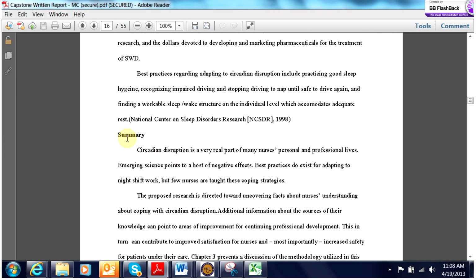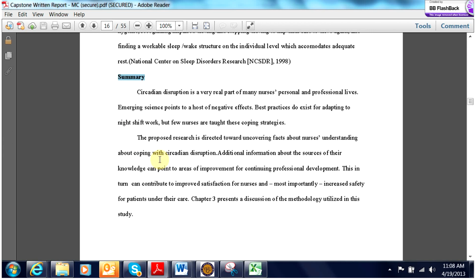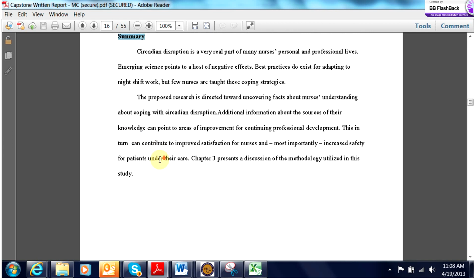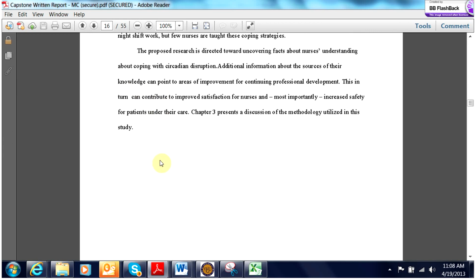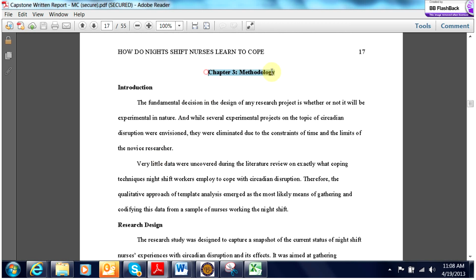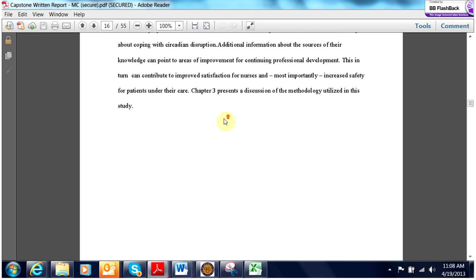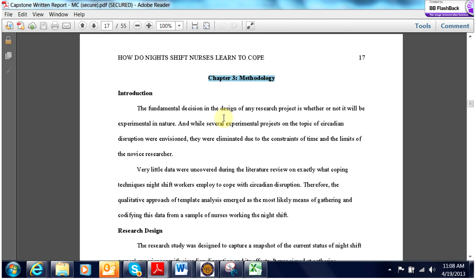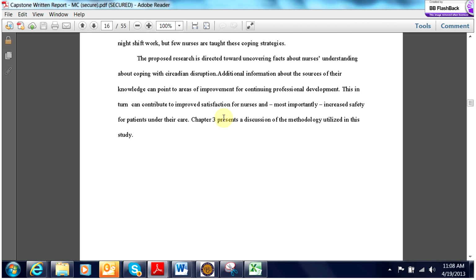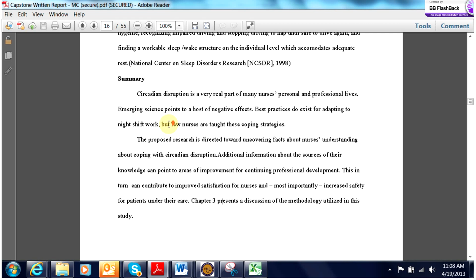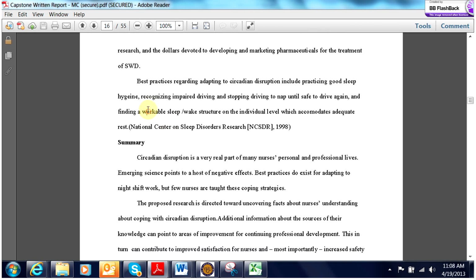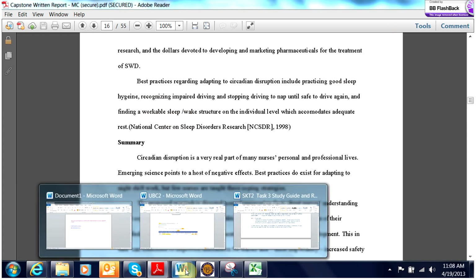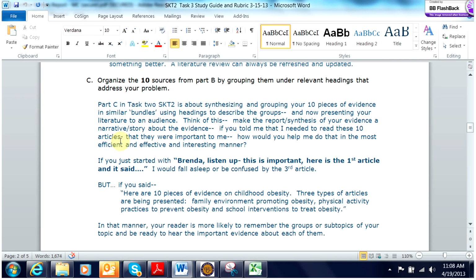That's just an aside. And then she summarized at the end of her literature review. Then she moved into saying, here's the methods that I'm going to use to study my research project. Now that's SK2, we're talking about, or a literature review at this point in time. So that's an example of what these headings look like.